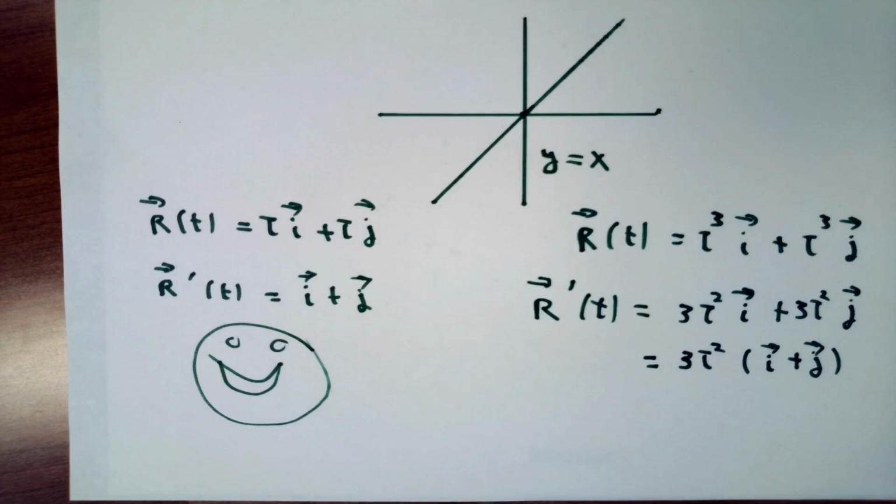The derivative makes sense no matter what t is, but if t is 0, the derivative is going to come up 0. From a technical perspective, this is not a smooth curve on any interval of t numbers that includes t equals 0.